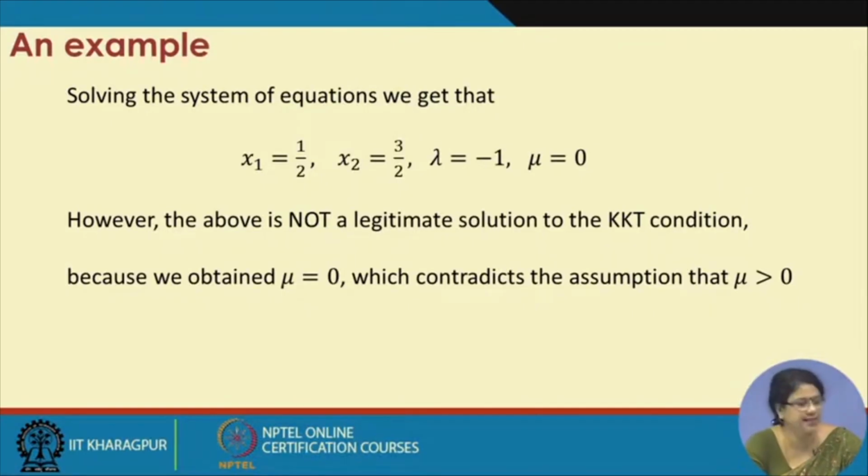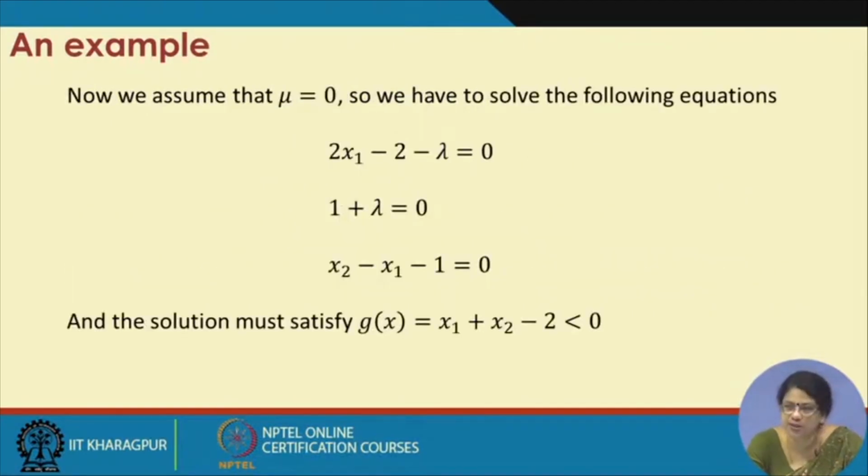Let us go to the next case, that is mu is equal to 0. If we consider mu is equal to 0, what does it mean? The corresponding constraint, x1 plus x2 less than or equal to minus 2, is of type less than. That is why that constraint is inactive, not the active constraint, since mu is equal to 0. Alright.